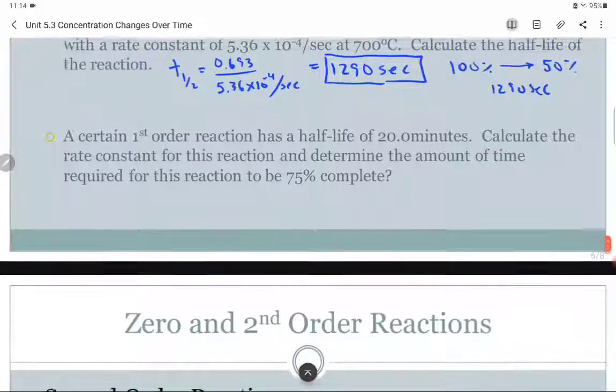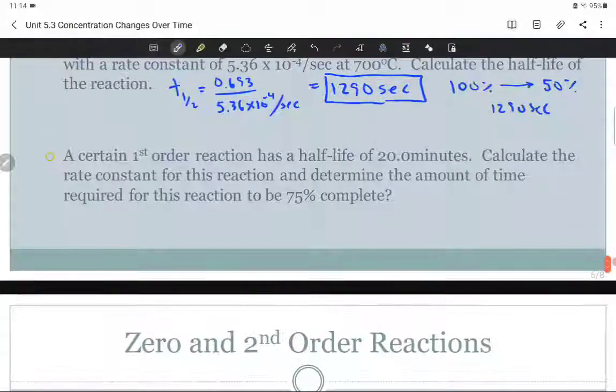Typically, we will have questions that you have to use both of these equations. And how do you know you'd have to use both these equations? Let's figure it out. So it gives you a half-life. It says calculate rate constant for this reaction and determine the amount of time needed to be 75% complete.